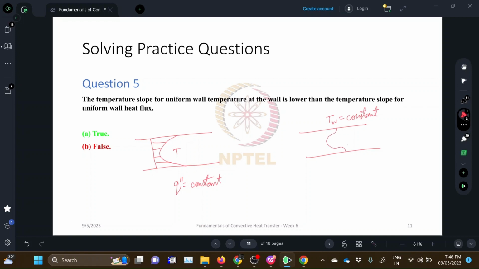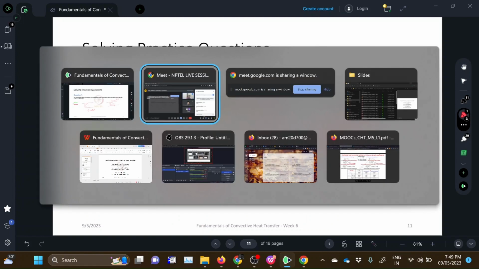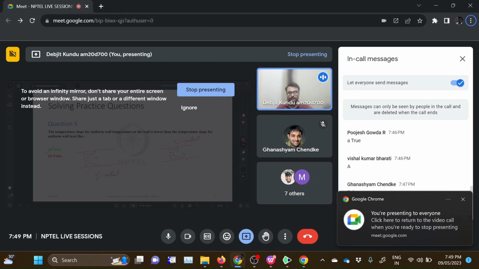So a lot of the fluid near the wall is actually very near the temperature of the wall itself. So this is what the profile looks like. So as you can see, the slope here is much lesser than the slope here. So that's why this statement is true. It comes from the solution of the temperature profile.